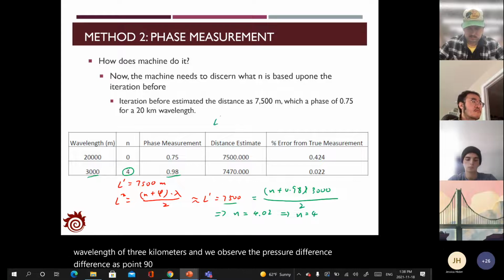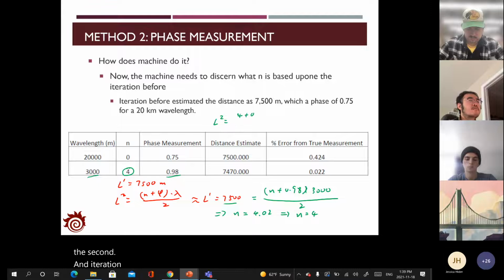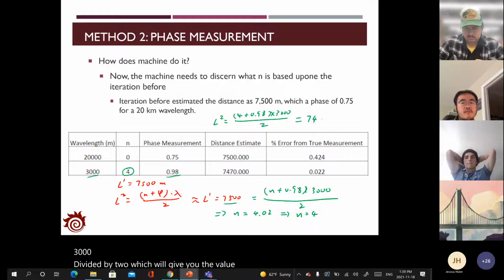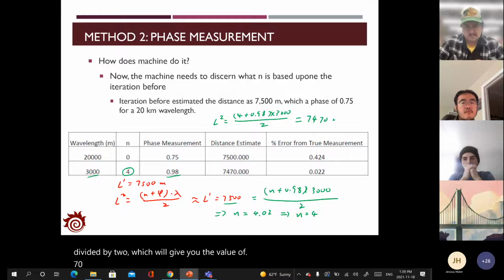With that, we can calculate the value of distance measured in the second iteration as (4 plus 0.98) times 3,000 divided by 2, which will give you the value of 7,470 meters.